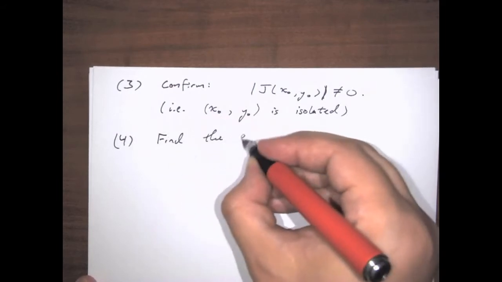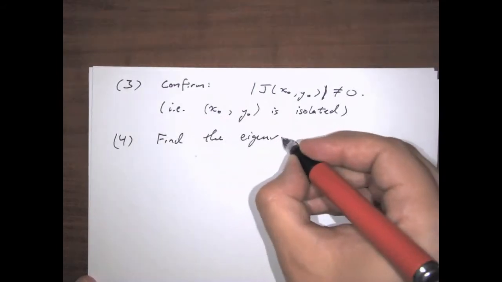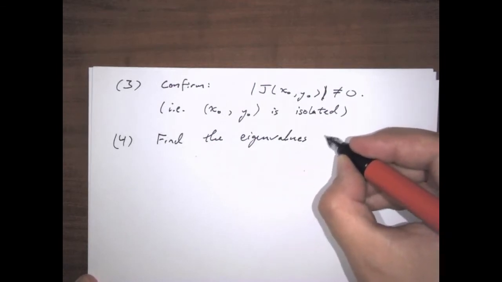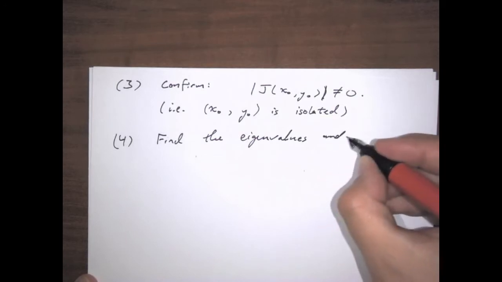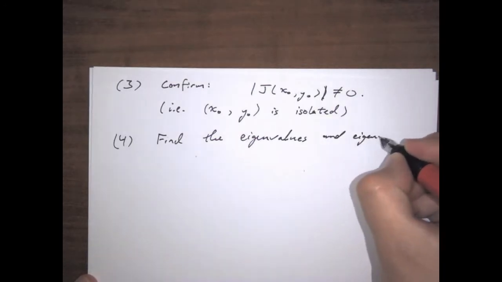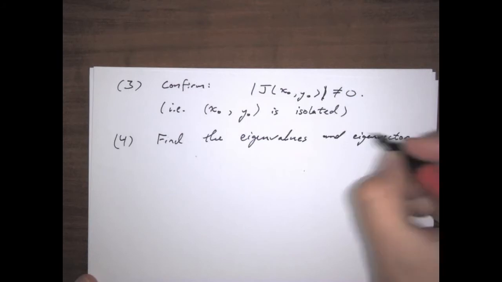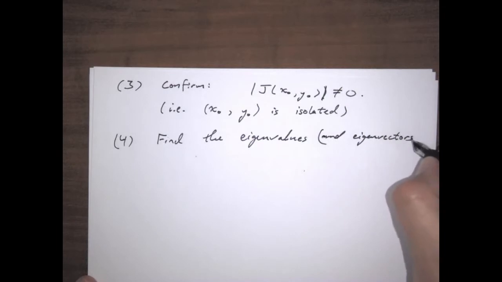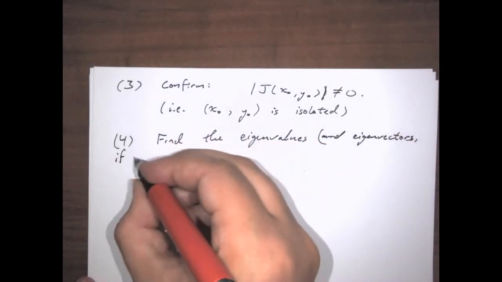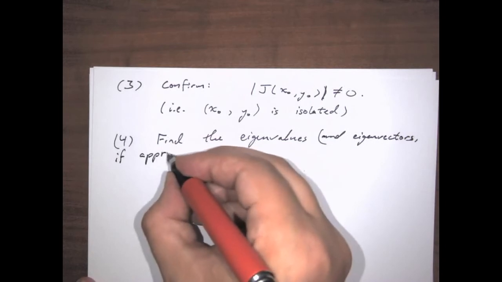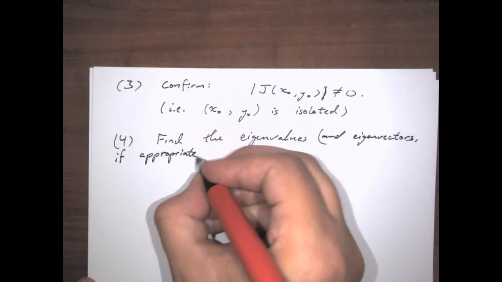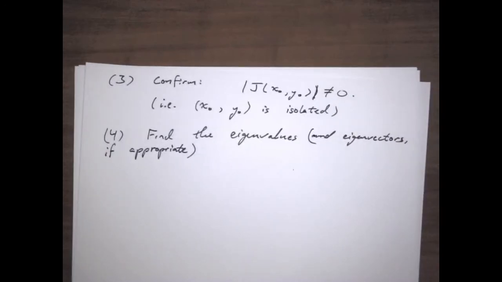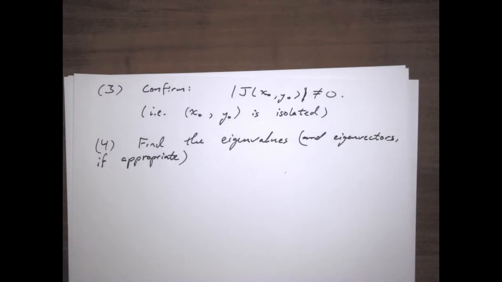4. Find the eigenvalues and eigenvectors if appropriate, namely if we don't have to do anything weird in the way of complex eigenvalues or generalized eigenvectors, things like that.